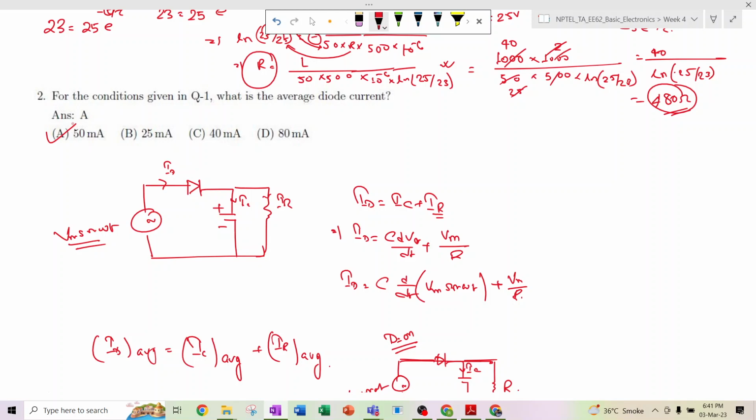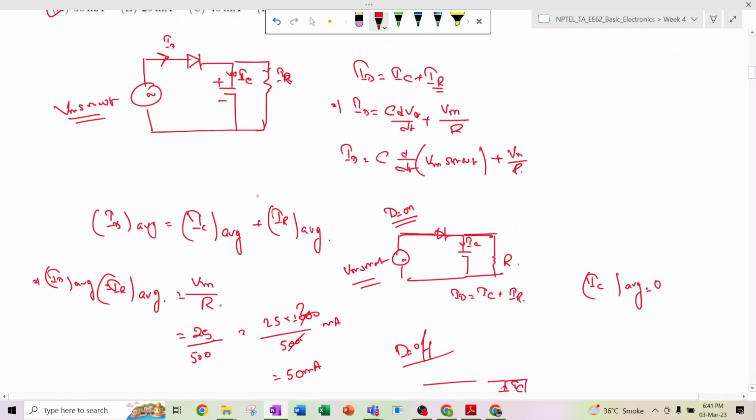What is the average current that is flowing through the diode, that will be divided into two parts, that is the current flowing through the capacitor part and the current that is flowing through the resistor. In the first case, if the diode is on, then the capacitor is charged. And when the diode is off, then there is no connection and the capacitor will discharge.